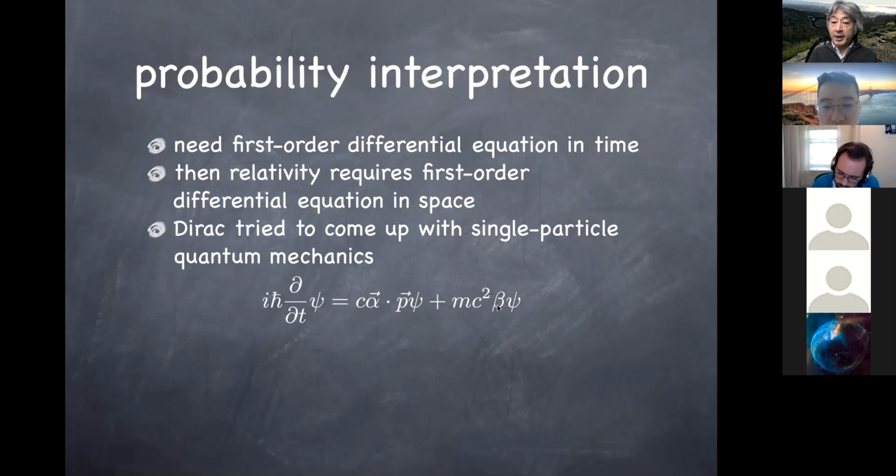So this is the way he wrote down the first order differential equation in time, now with the correct dimensions, as a linear combination of spatial derivatives and mc squared. So this is the most general linear differential equation, linear both in spatial and time derivatives, which gives you the right dimensions on both sides of the equation for the free particle, which is relativistic.